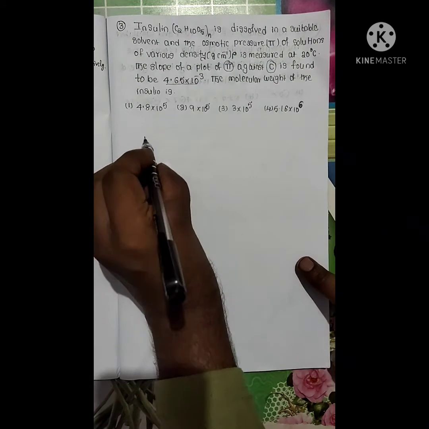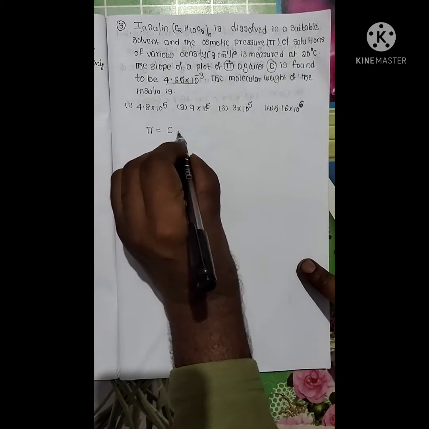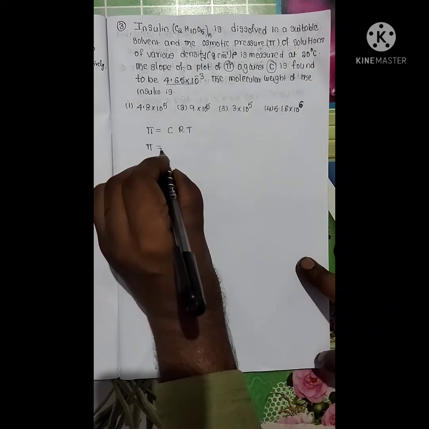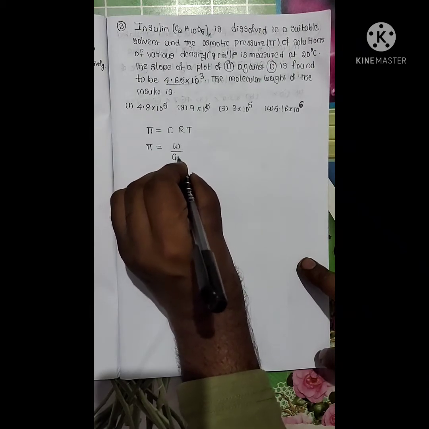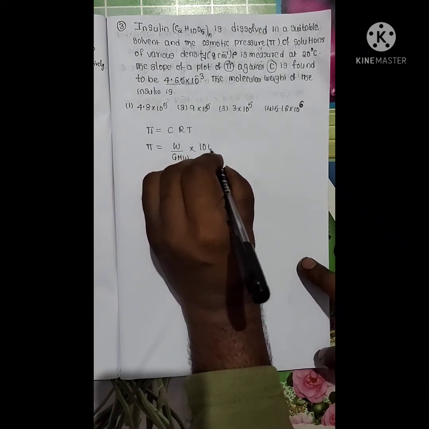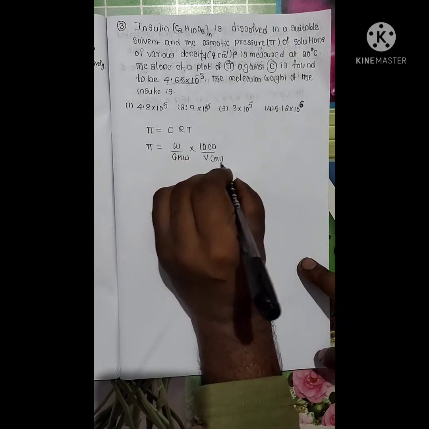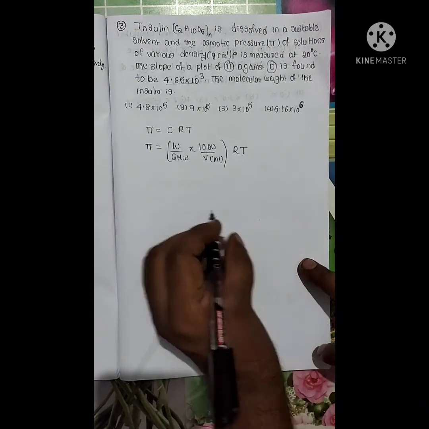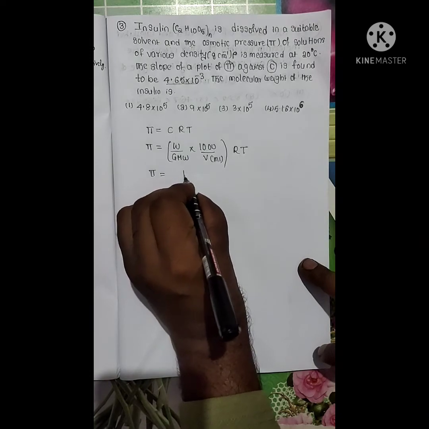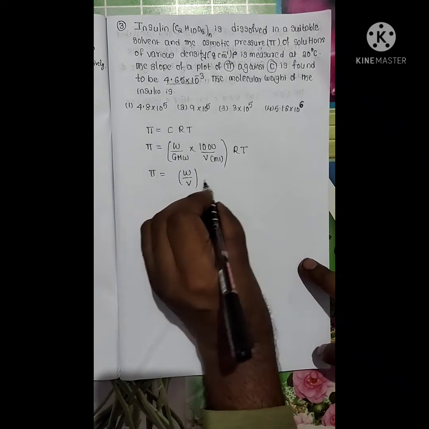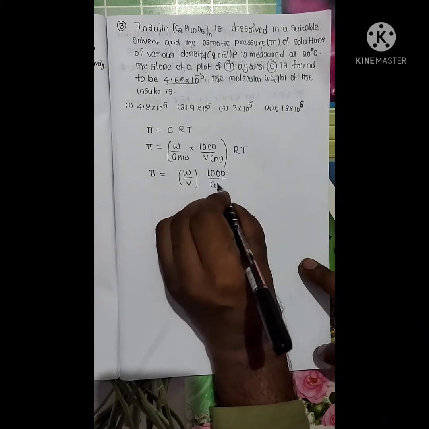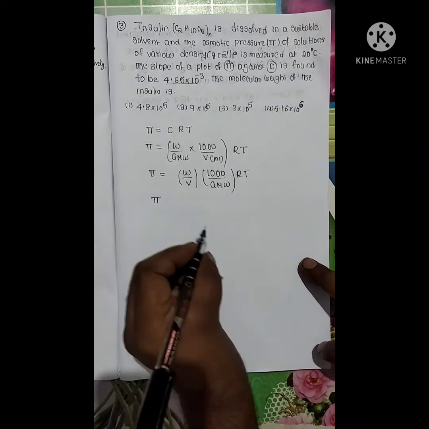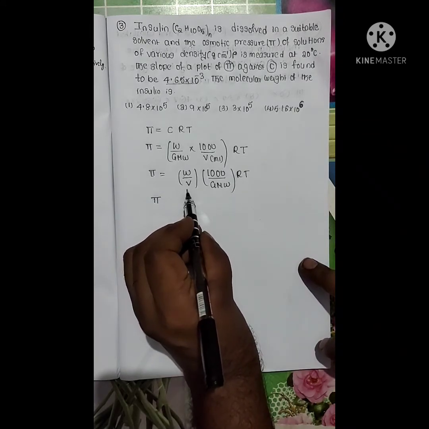So here osmotic pressure pi equals CRT. Pi equals concentration C, weight by gram molecular weight into 1000 by volume in milliliter, into RT. So pi equals weight by volume into 1000 by gram molecular weight into RT.